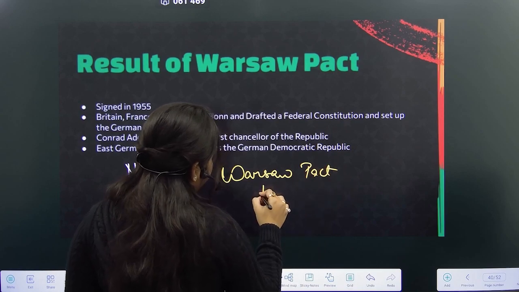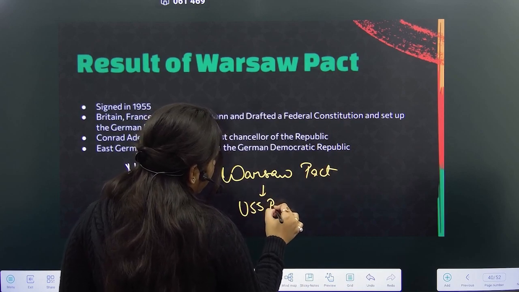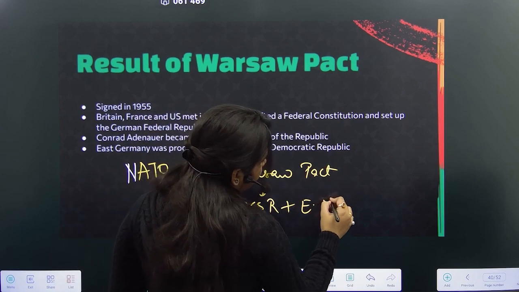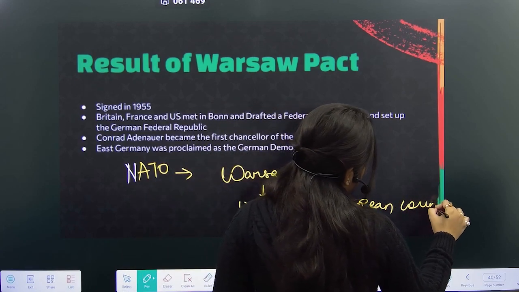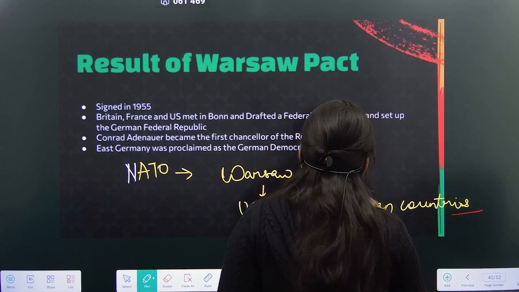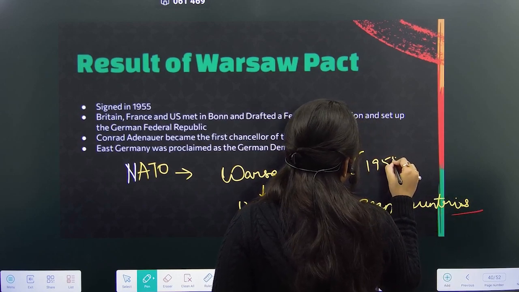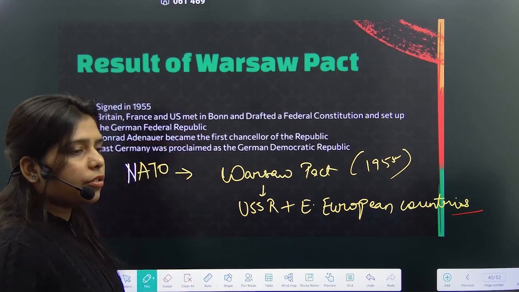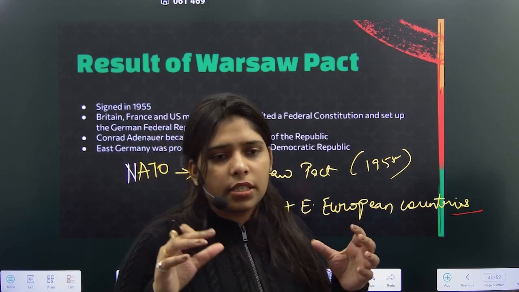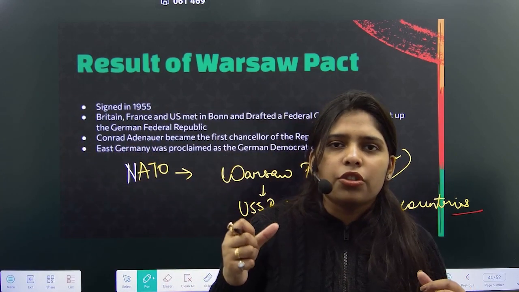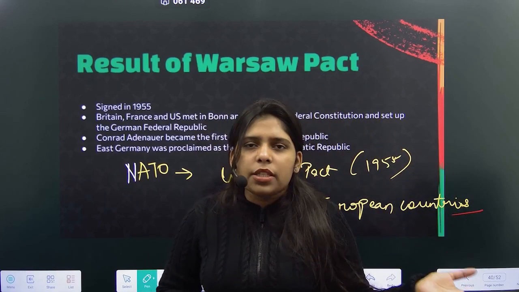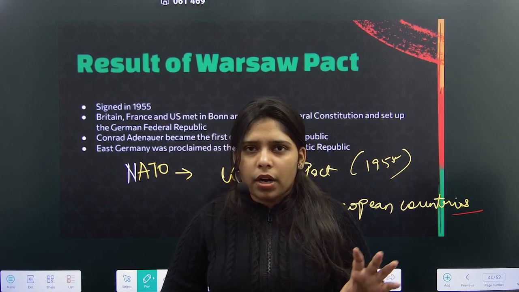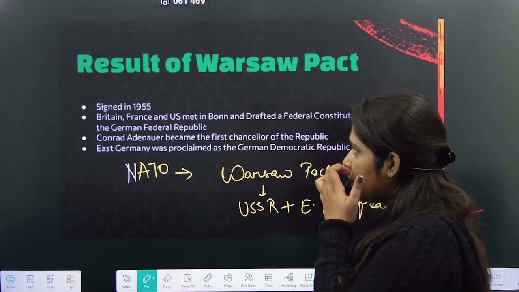This was basically between the USSR plus East European countries, signed in 1955. This was a time when Nikita Khrushchev was saying he's changing his policy towards the Americas, but something otherwise was seen over here. So the Warsaw Pact was signed in 1955.